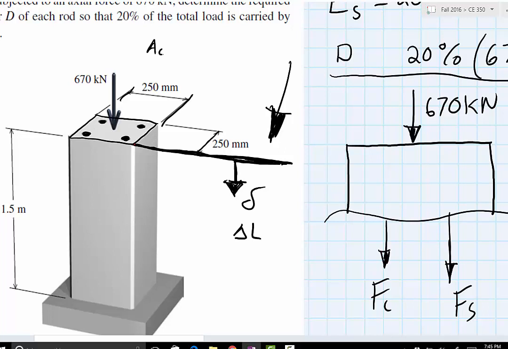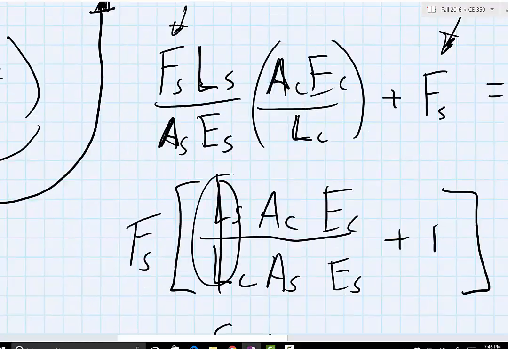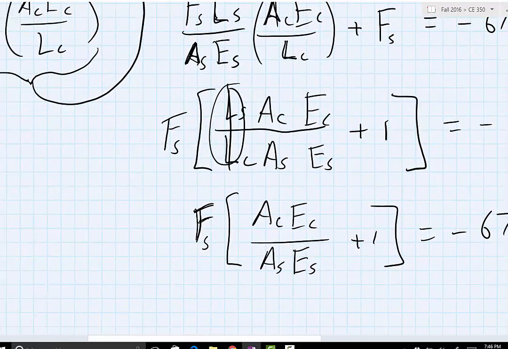So we can say the area of the concrete is going to equal the total area, which is going to be 250 millimeters squared, because that's the area of the square, minus the area of the steel. This relation right here, that's what we can use to plug into this equation right here.